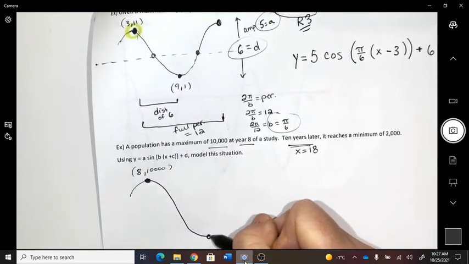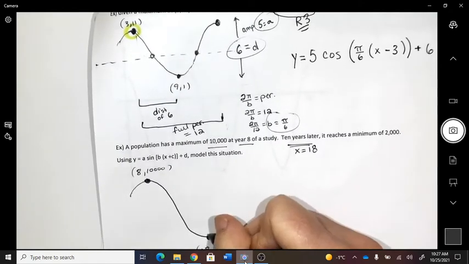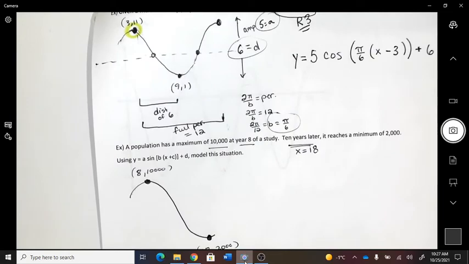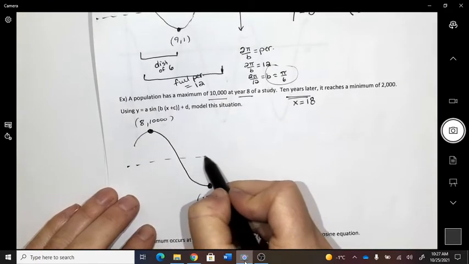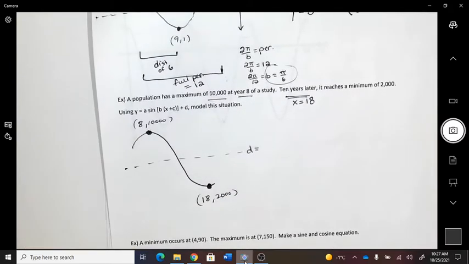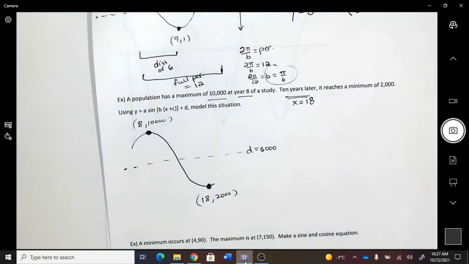It hits a minimum of 2,000. Okay, here we go. I want to figure out first, I'm going to do the d value first. Okay, what is the middle height? Did you come up with 6,000? Is that okay?